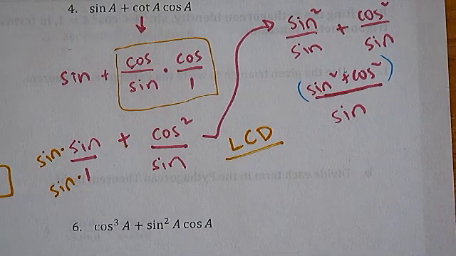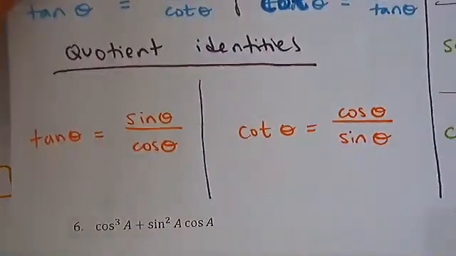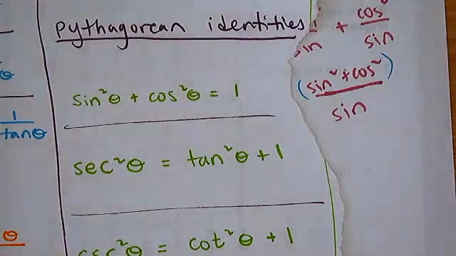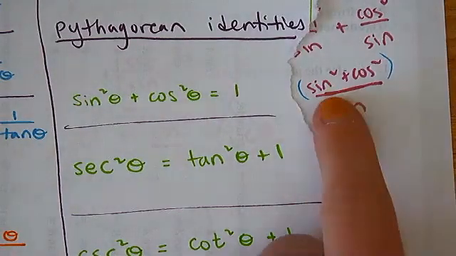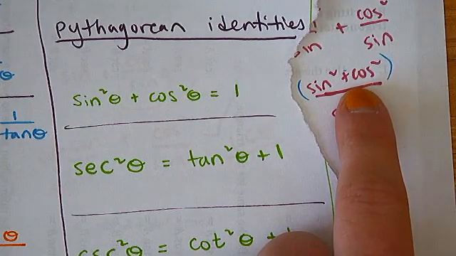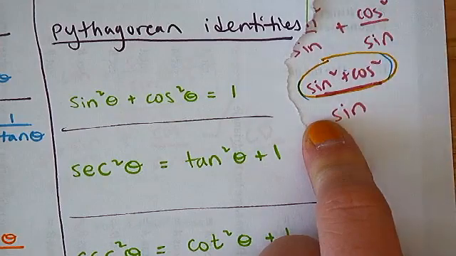So do you see anything that you could replace something with? I see a sine squared plus a cosine squared. Do you see that anywhere on your cheat sheet?